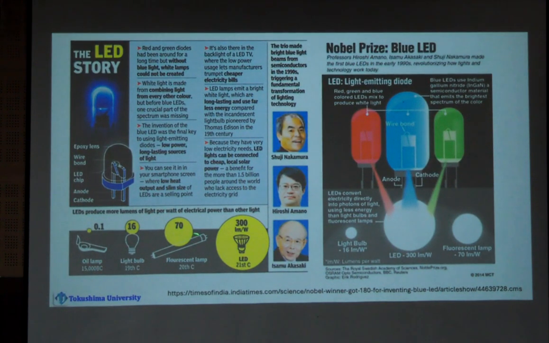So this was their story about LED, and this way they got the Nobel Prize after making the blue LED. Why is this blue shown bigger? This is from the Nobel website. But if you look at this picture, if your observation is clear, somebody may have noticed red and green shown in small size compared to blue.